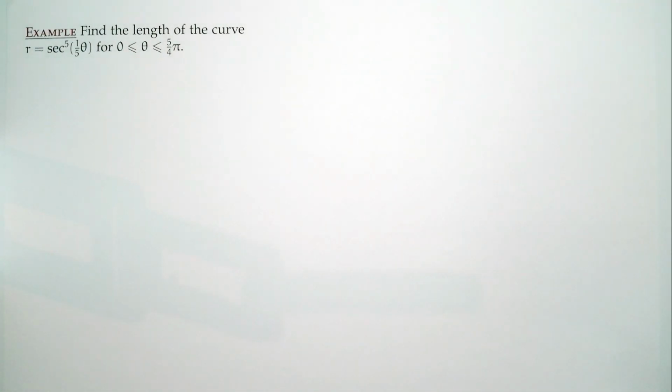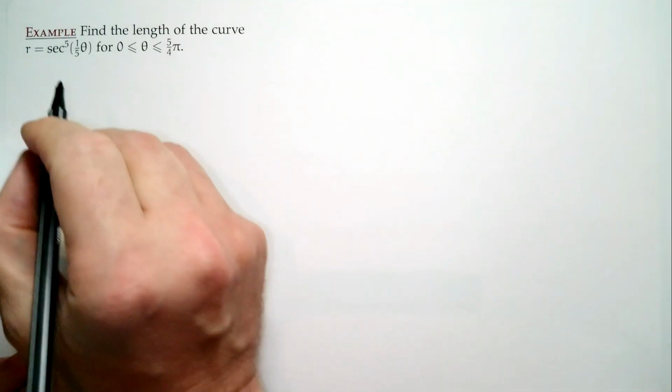Okay, next one. Find the length of the curve r equals secant to the fifth of 1/5 theta for 0 less than or equal to theta less than or equal to 5/4 pi. Interesting choices. All right. Well, let's see where this problem will take us. So, apparently we have a lot of space here, so it might be a fun problem.